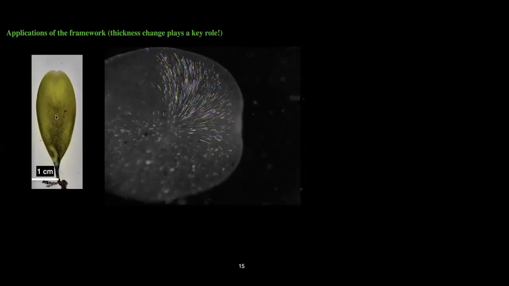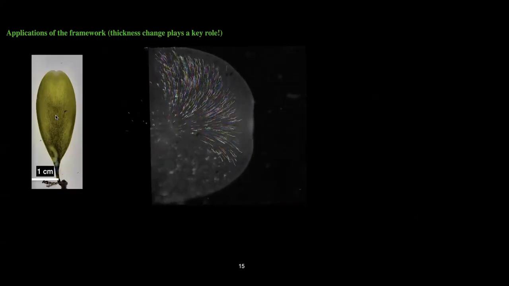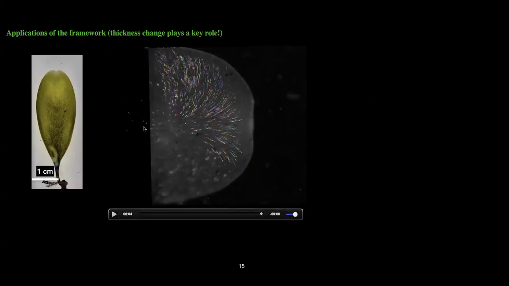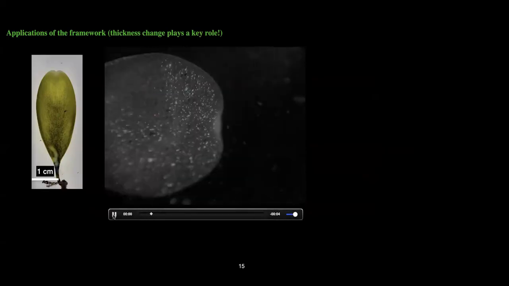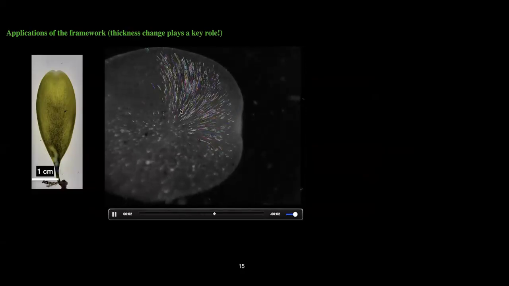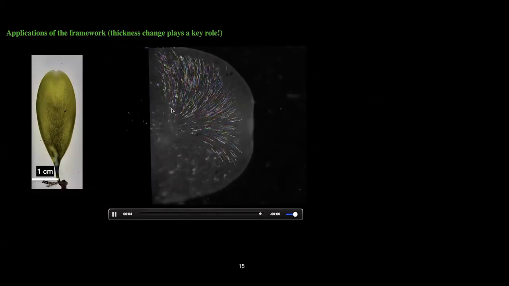In the experiments, they can put gold particles in the cell wall and look at how they move, which gives us a feeling for the strain rate in the plant. In this movie, I try to show one of these experiments where they track the gold particles and look at how they deform and where they move to.